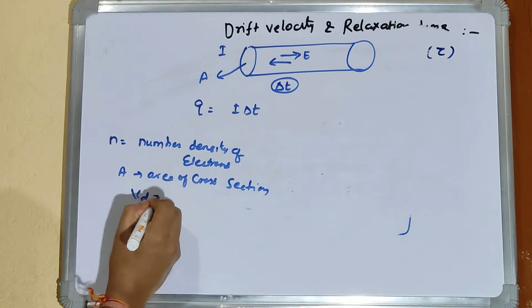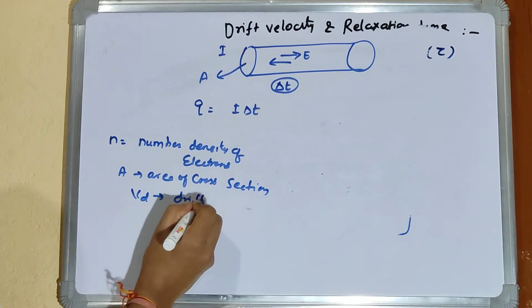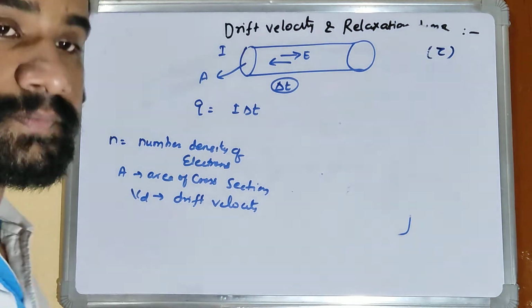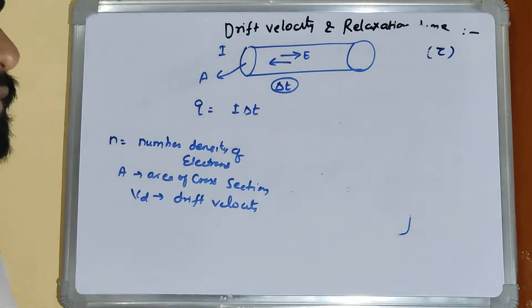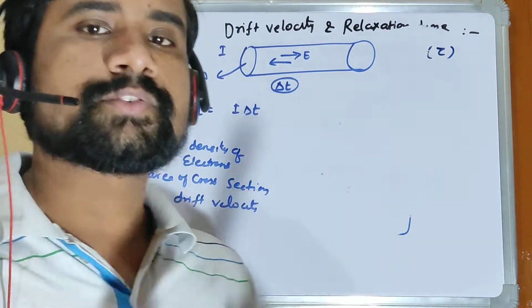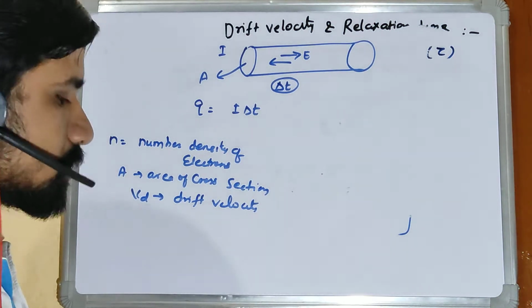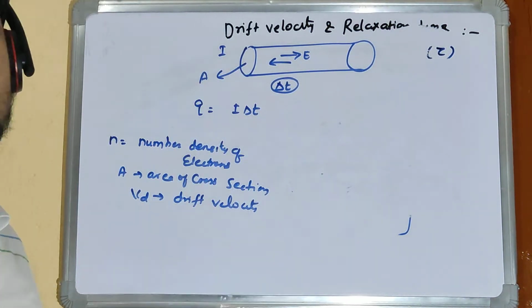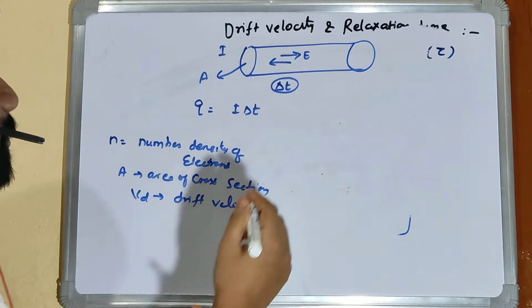Vd is the drift velocity, right? Now, n is the number density of electrons, which means the number of carriers per unit volume, right? So, the charge flowing through this area A in delta t time will be what?